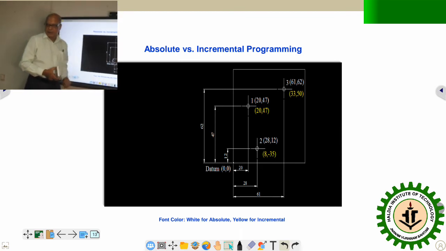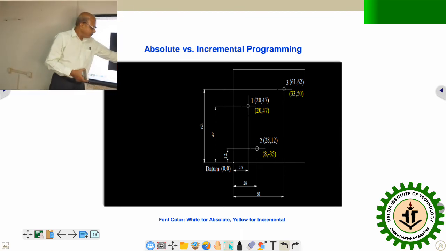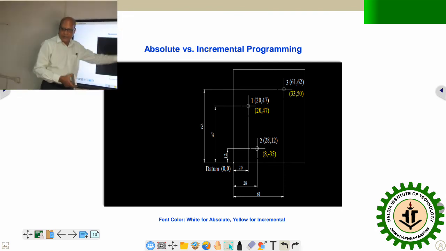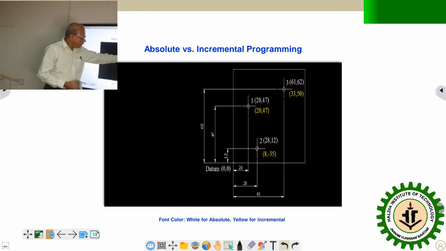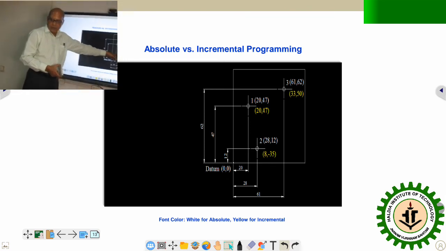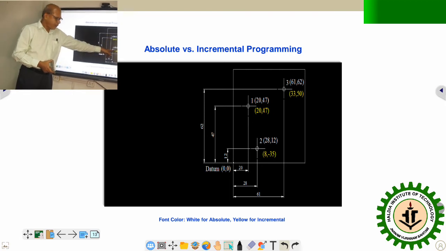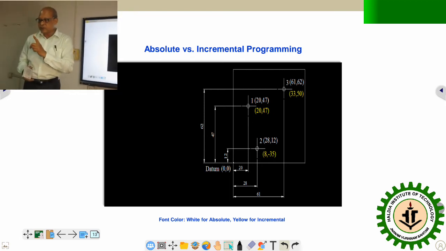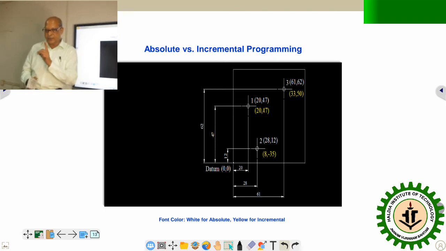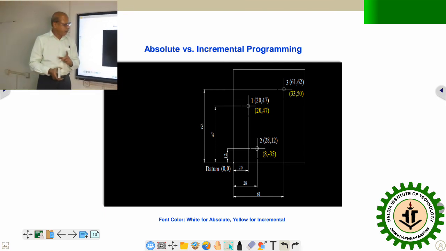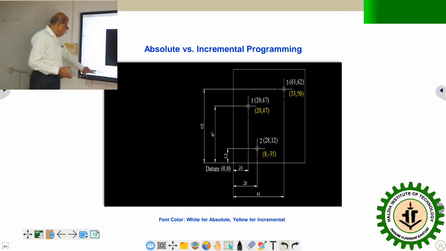So what is the incremental? 8. And regarding y, you see it is 47. Here it is 12. It is going down, in the negative direction. So 12 minus 47 is minus 35. So this sign also you have to take into consideration, otherwise there will be error. So this is how it can be solved.